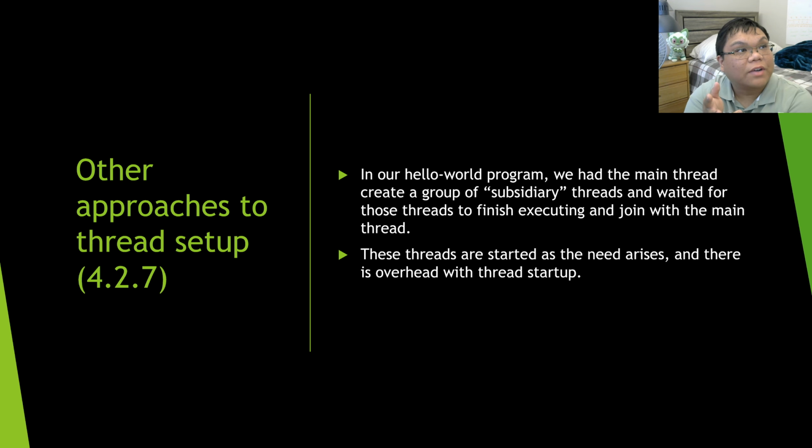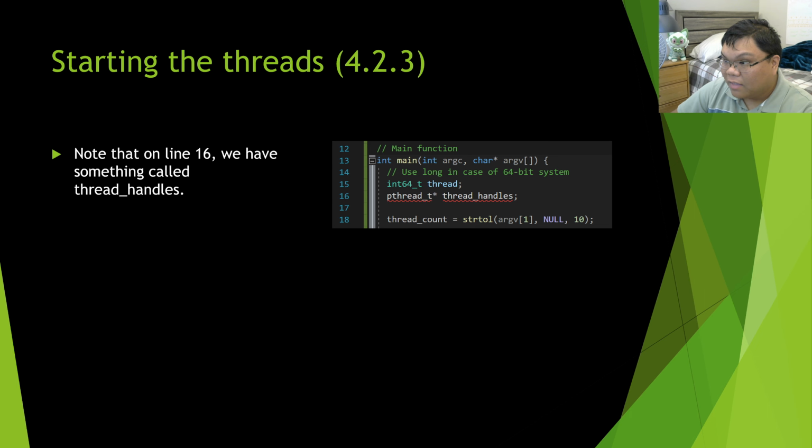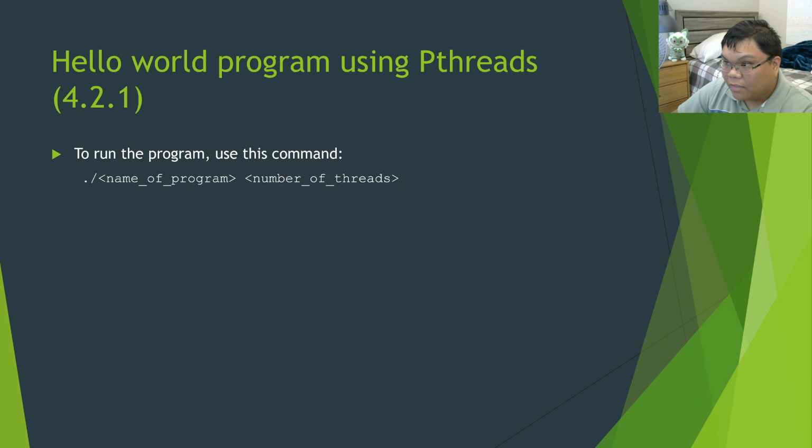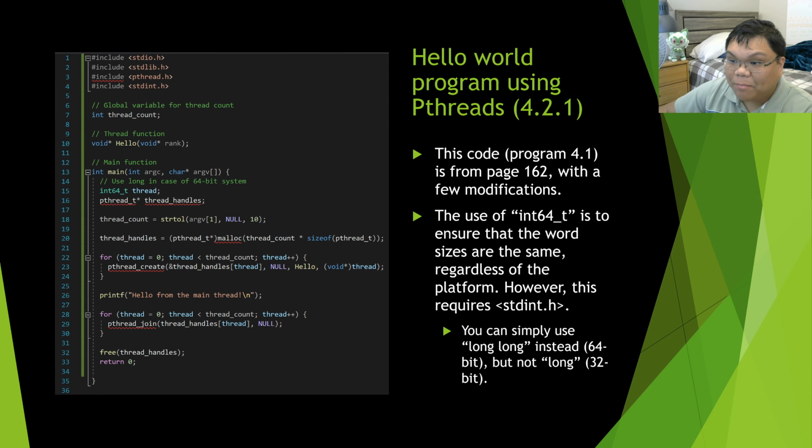So what I just showed you was a program that would fork and join its threads as needed. What if this was all happening in a for loop? What would happen if, for example, I put all of this code from lines 22 to 30 into its own for loop?